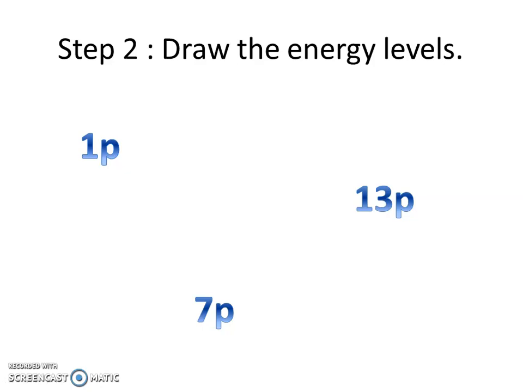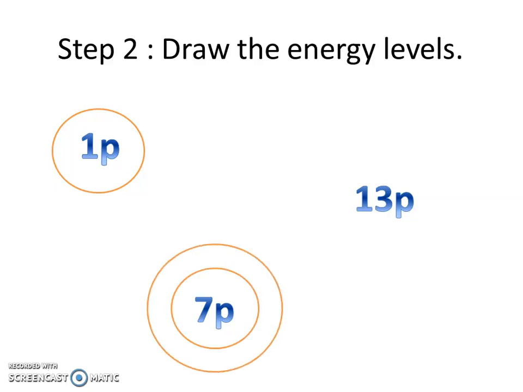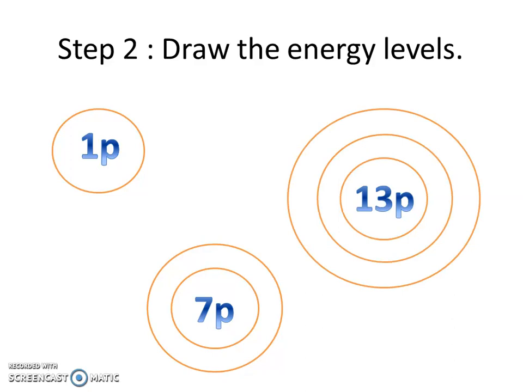So since hydrogen is in the first row, it has 1 energy level, so we draw 1 circle around the nucleus. Nitrogen, 7p, has 2 energy levels, so we draw 2 circles around the nucleus. And aluminum had 3 energy levels, so we're going to draw 3 circles around that nucleus.